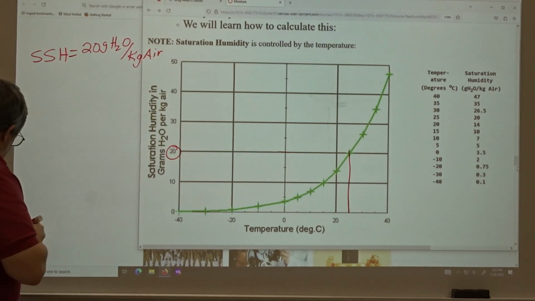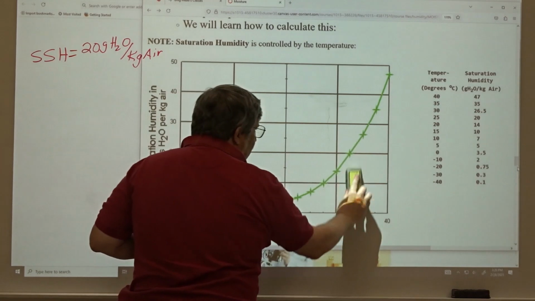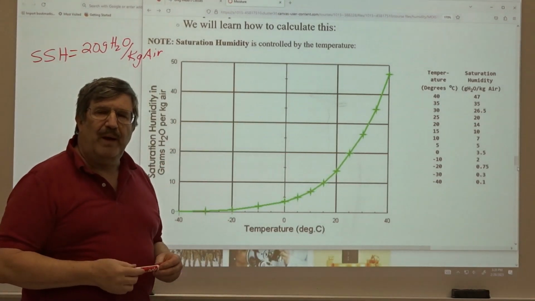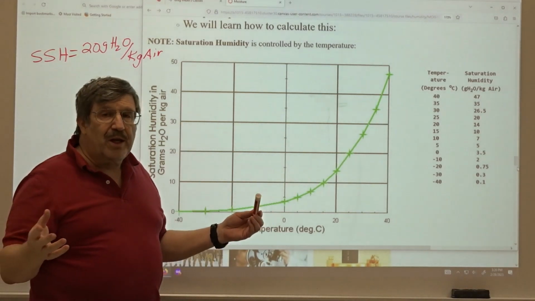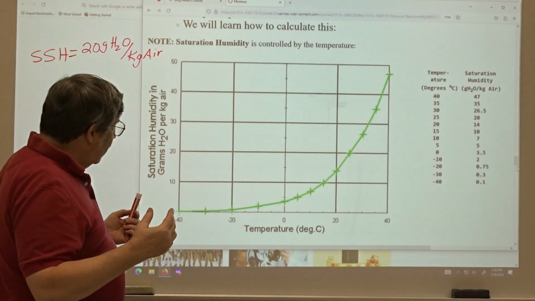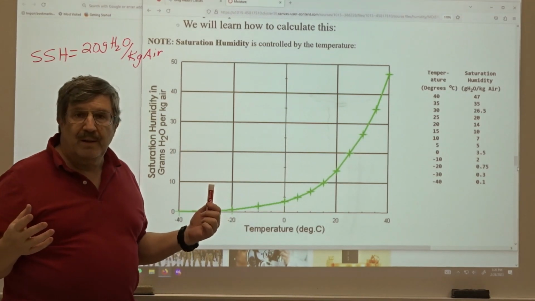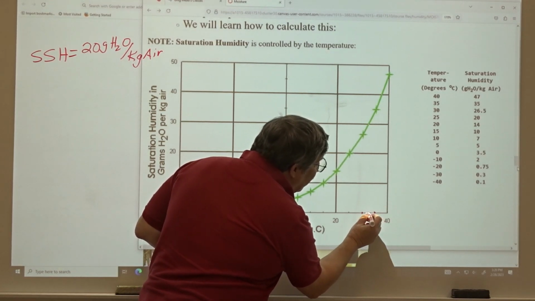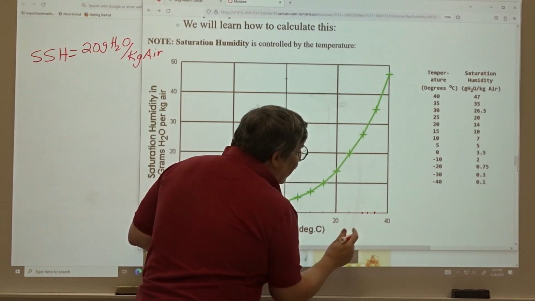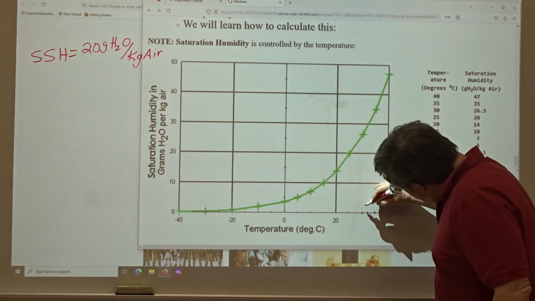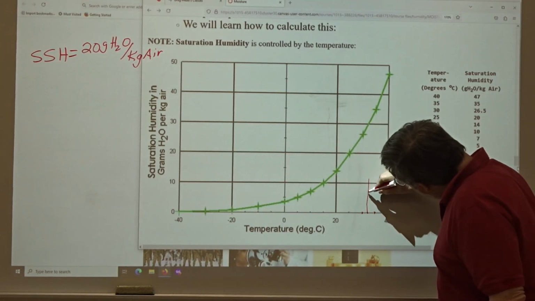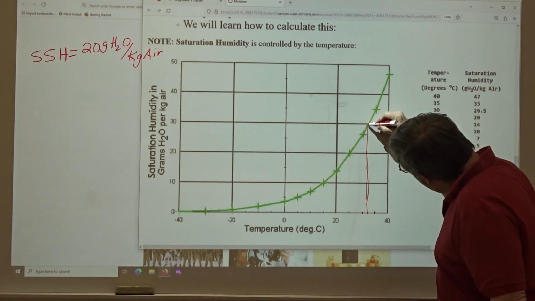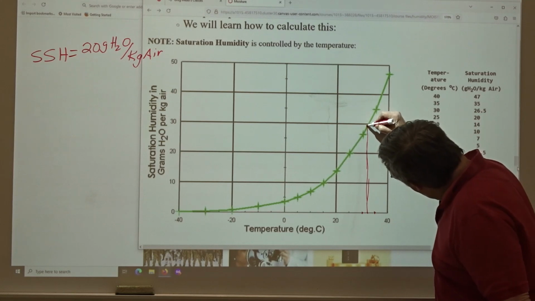Okay. If we were asked what is the saturation specific humidity at some other temperature, say at 32 degrees Celsius. Here's 30, there's 35, 32 is going to be a little bit this side of halfway, and we would go as nearly as we can straight up, and we might encounter the line right here.